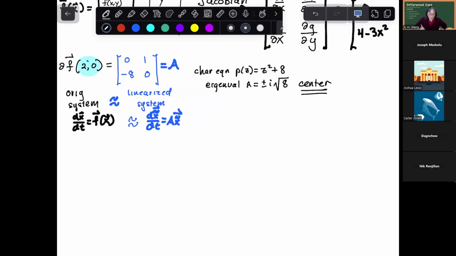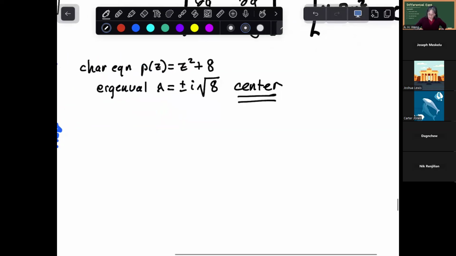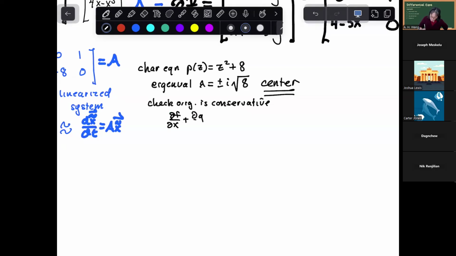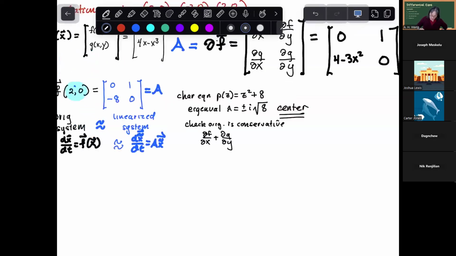The moment you have a center, you know that you have to check the original is conservative. So you quickly check it. You go partial of f with respect to x plus partial of g with respect to y. So we go back here.